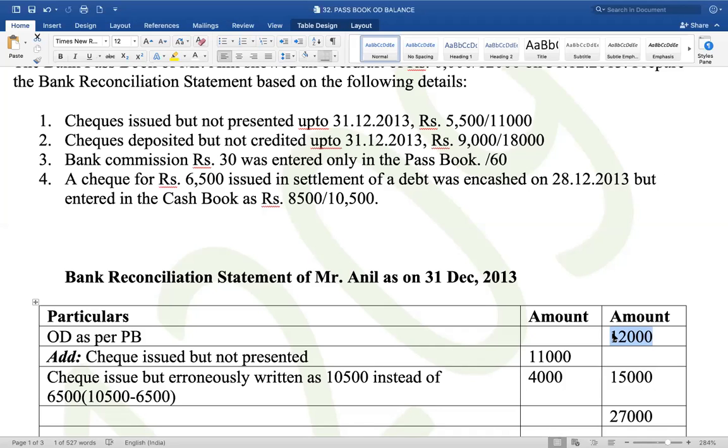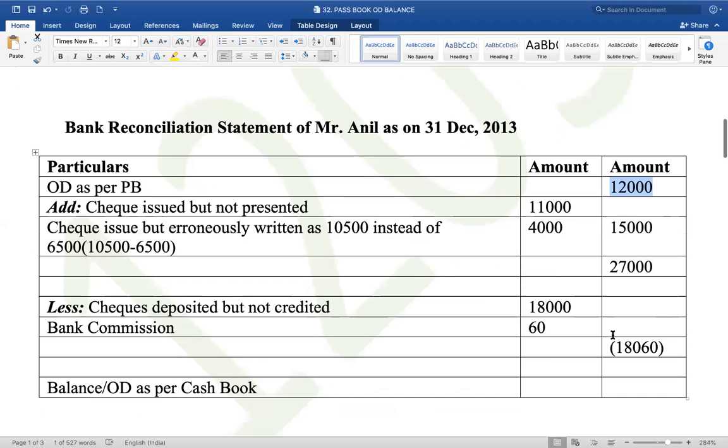It is decreased in the cash book when it is deposited, but it is not decreased in the passbook. So what you have to do, you have to decrease it now. Less: checks deposited but not credited, 18,000. Any doubt here? No, sir.